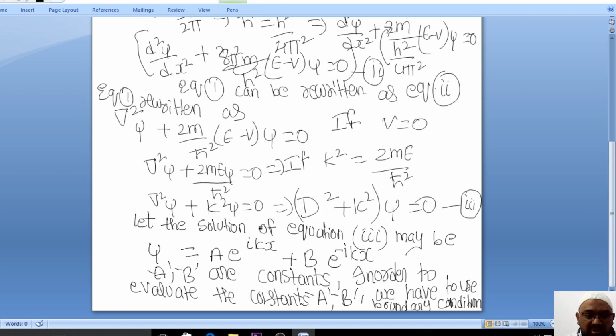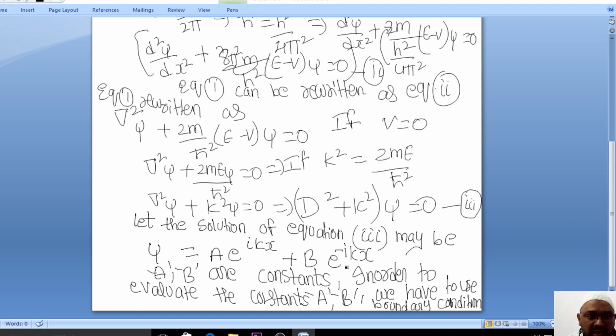So the wave nature of the particle can also be evaluated mathematically. That is what we are proving by doing this mathematical calculation, and that is the reason we have gone for the boundary condition. So we need to evaluate these constants a and b.